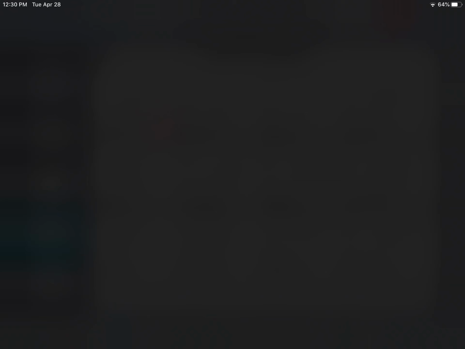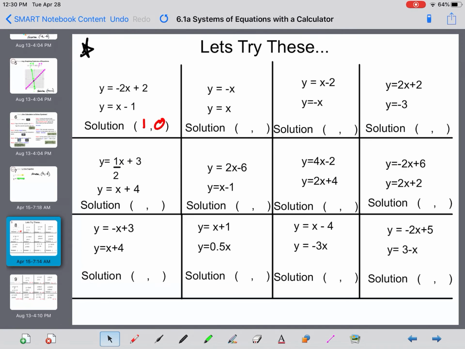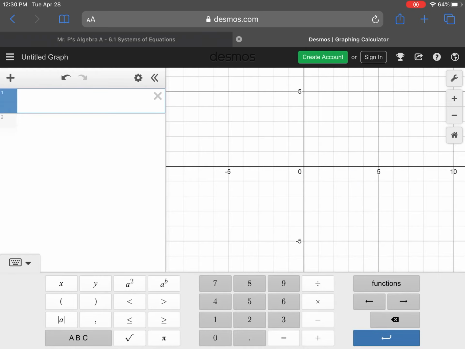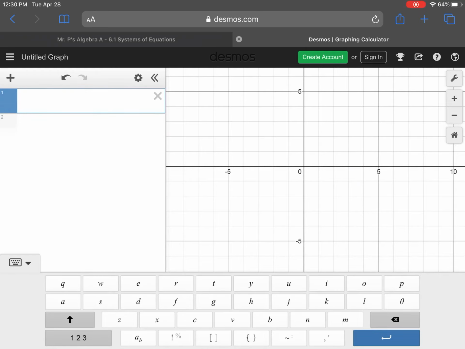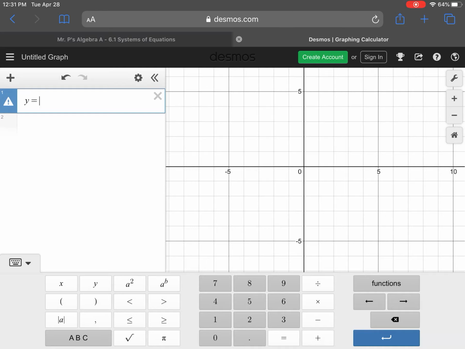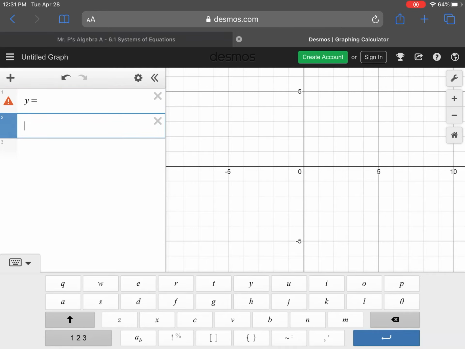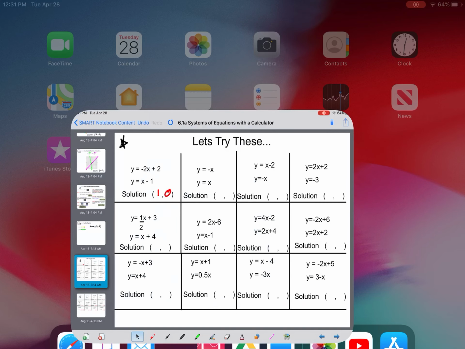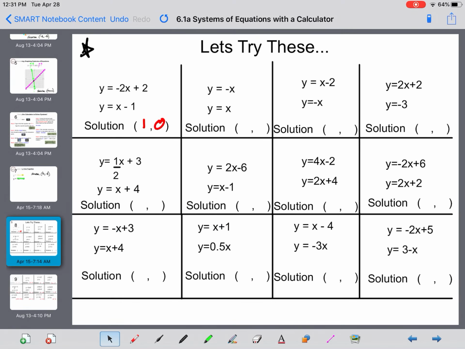Now again, I'll show you using the other method. If we go back to the internet, we can clear these out. And I'm going to type in y equals -2x plus 2.